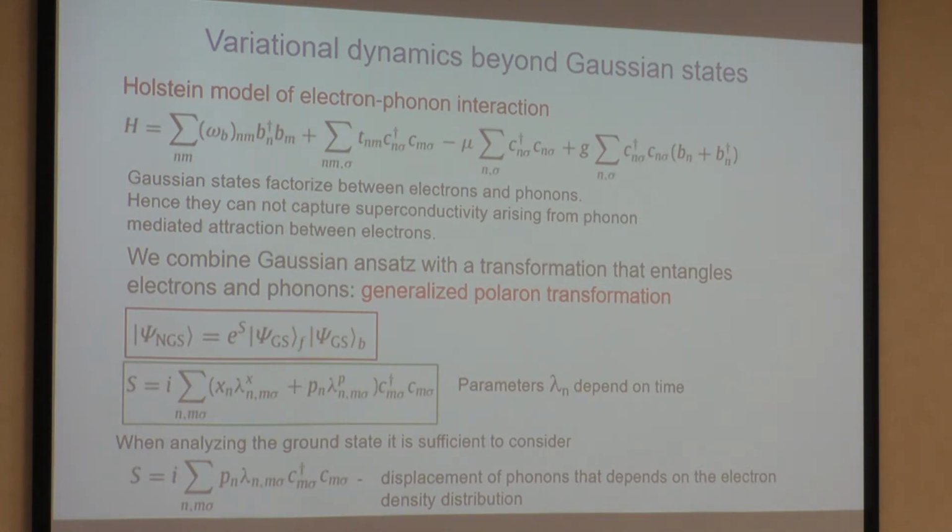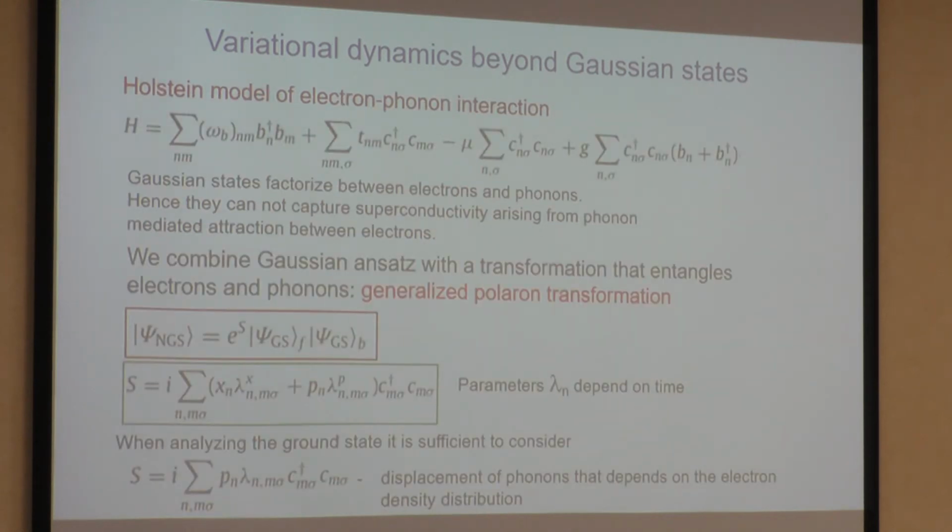What's different about what we are doing, compared to Polaron transformations studied before, is that the parameters of the Polaron transformation are not fixed. Usually people do one Polaron transformation with some value of lambda, stick to that value, and work with the mean-field Hamiltonian. But clearly we expect much richer dynamics.